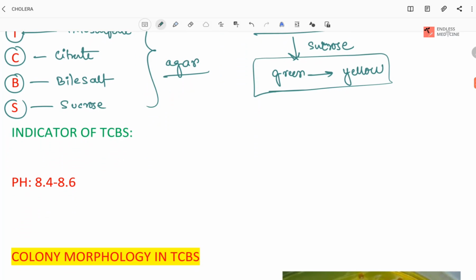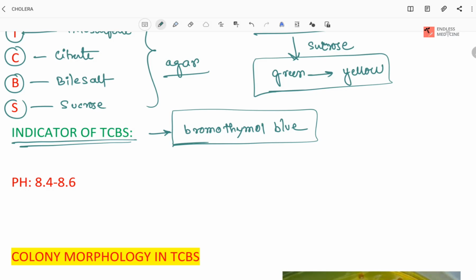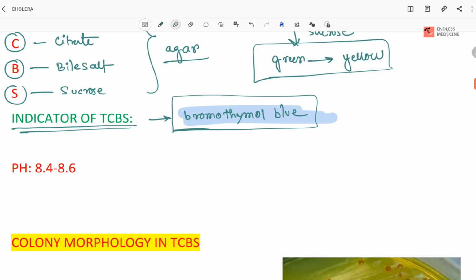What is the indicator of TCBS so that the color change occurs? That is bromothymol blue. Bromothymol blue is the indicator. And what is the pH of this TCBS agar media? That is 8.4 to 8.6.